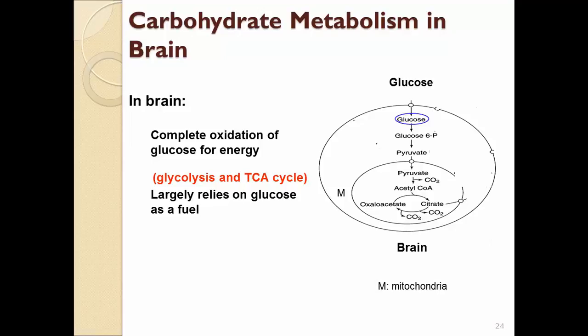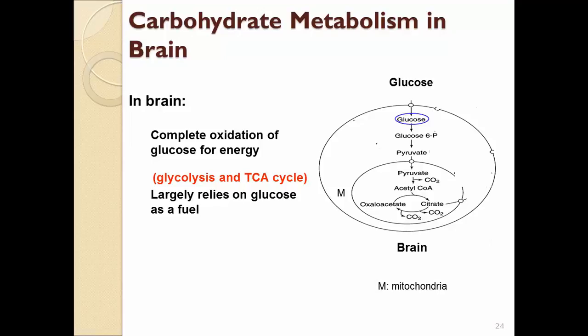Okay, now brain. You see the metabolic pathway is very simple. Brain only does glycolysis and complete oxidation of glucose, the TCA cycle. You don't see any glycogen synthesis pathway or gluconeogenic pathway in the brain.